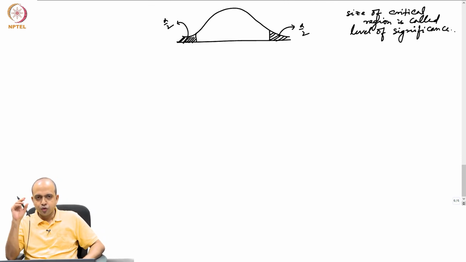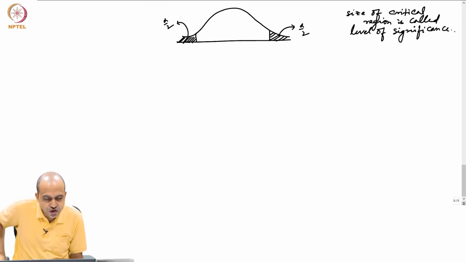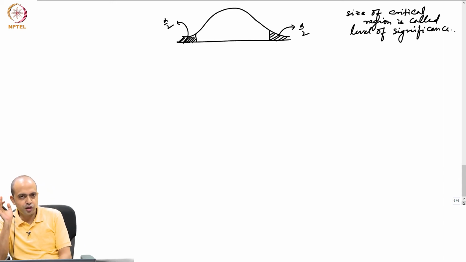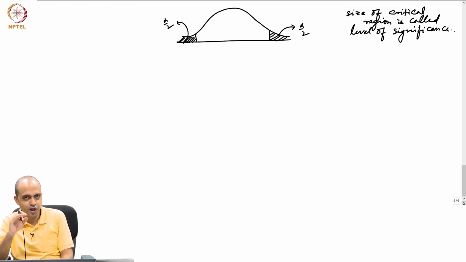So, when your size of the critical region is 10%, you will commit 10 type 1 errors while rejecting the null, and we will say that the variable, let us say in our context income, is significant at 10% level. When I am saying income is significant at 10% level, that means while rejecting my null I am committing 10 type 1 errors.